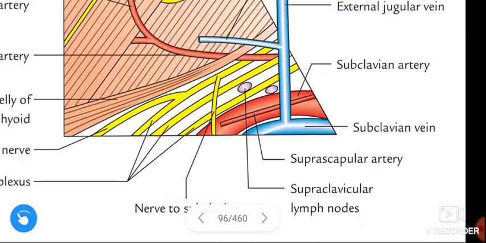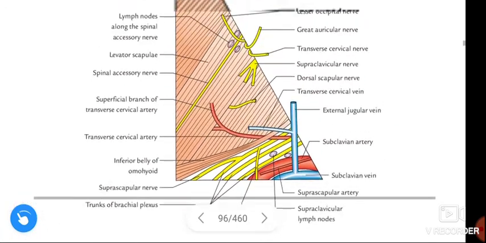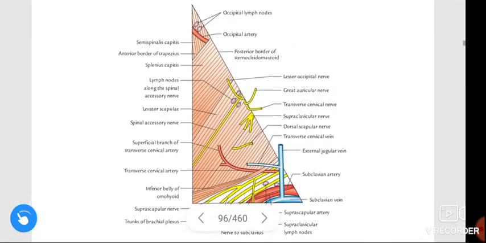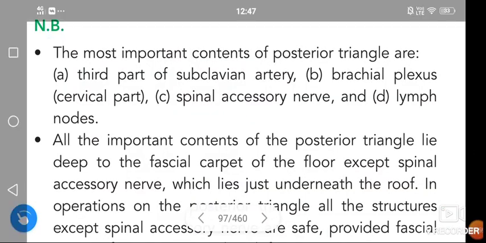Okay guys, this is about the contents in the posterior triangle. You must write this in the examination. Next, note.